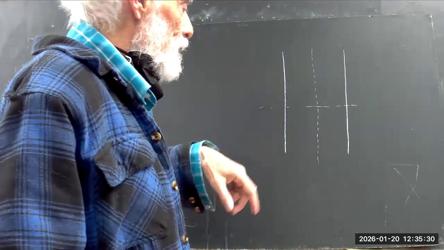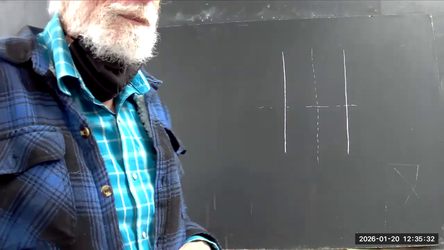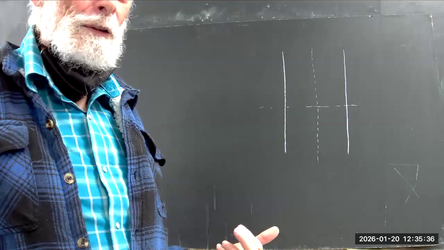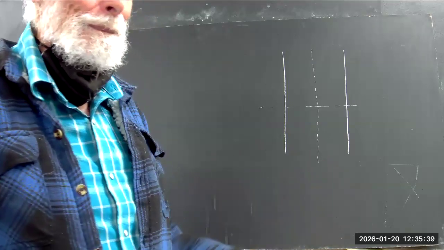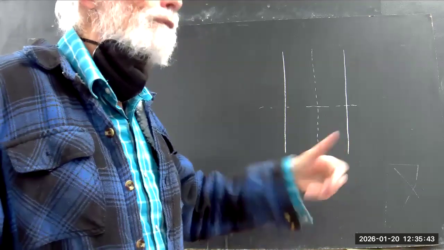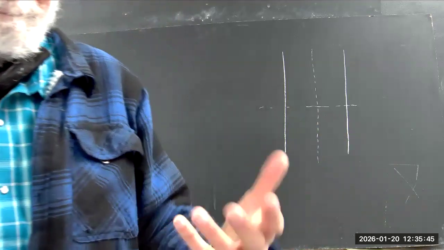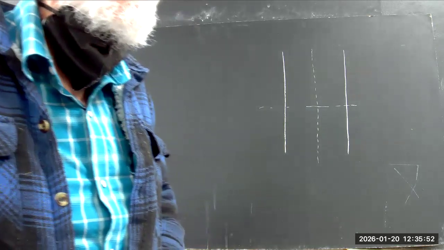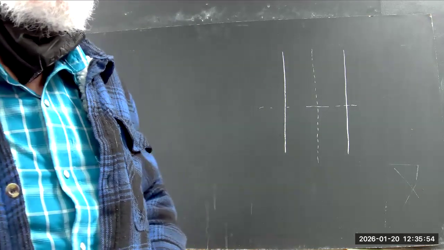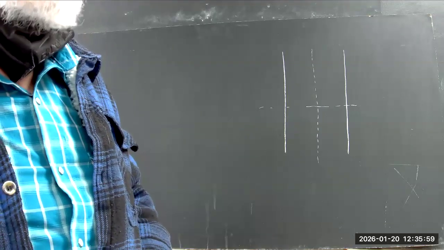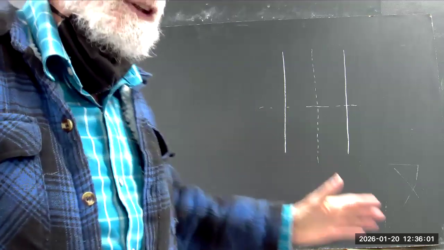Okay, now a line, a vertical line, halfway between the right edge and the center line. This is now the center line, right? Okay, halfway between the right edge, or the line to the right, and the center line. And when you get that done, do one halfway between the left and the center.